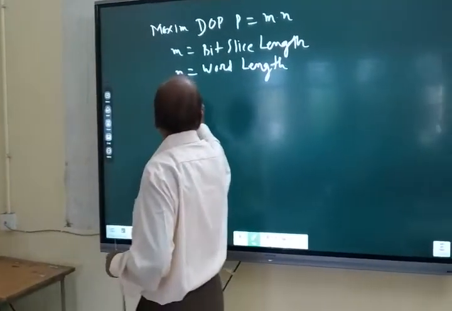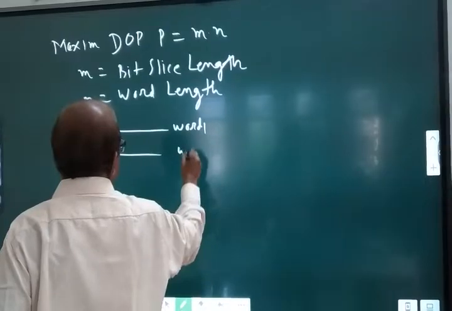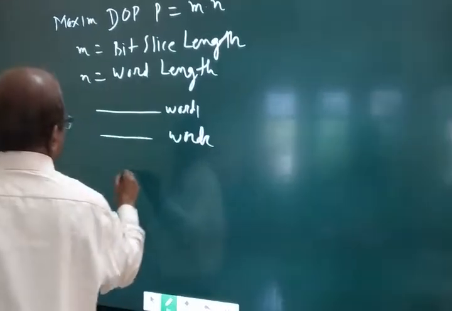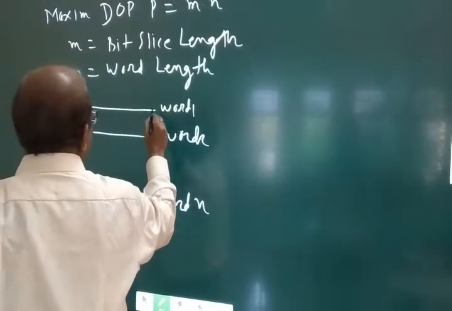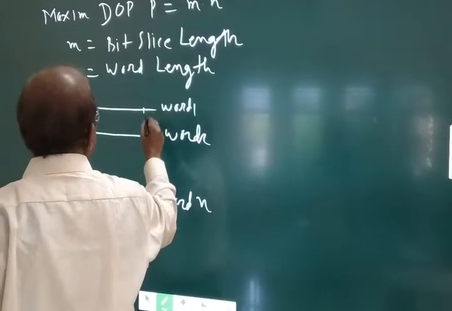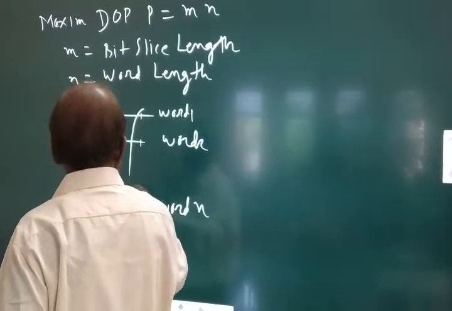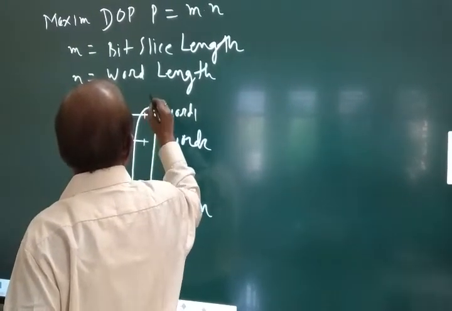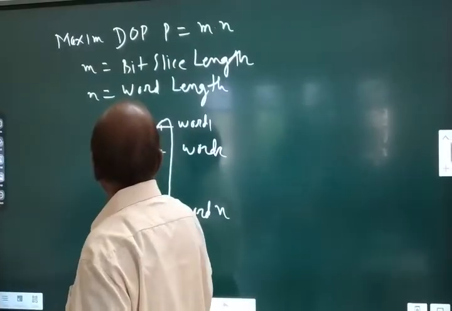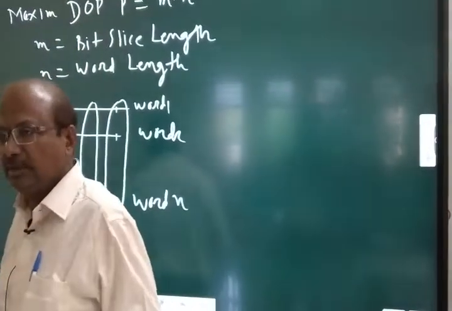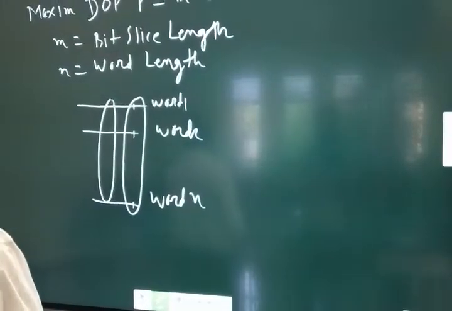For example, this is word 1, this is word 2, and like this is word N. Suppose first bit of first word, first bit of second word, etc. So you combine all these bits together, this is first bit slice. Clear? Similarly, this will be second bit slice. Clear? Bit slice is a string of bits from all words at same vertical position.